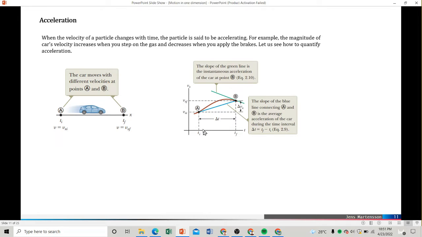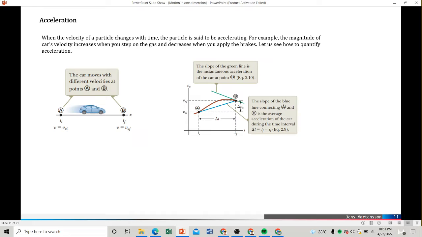The slope of the blue line connecting A and B is the average acceleration of the car during the time interval, change of t equals tf minus ti.